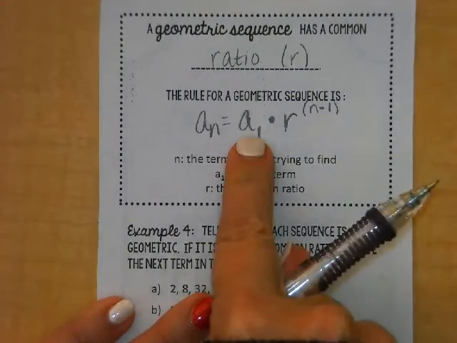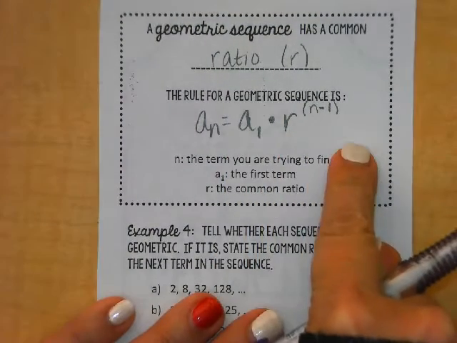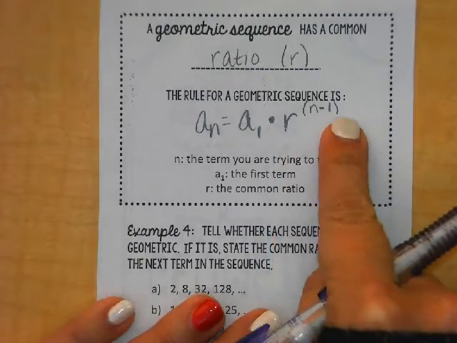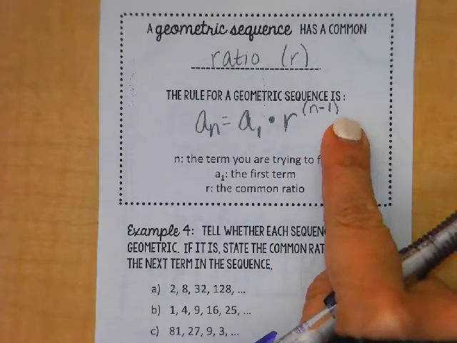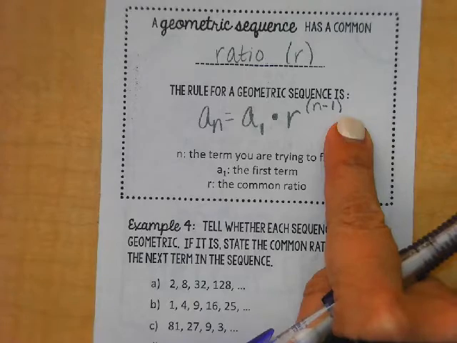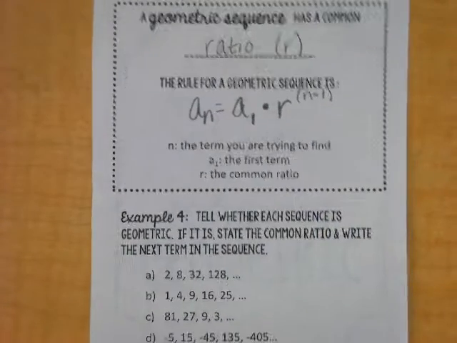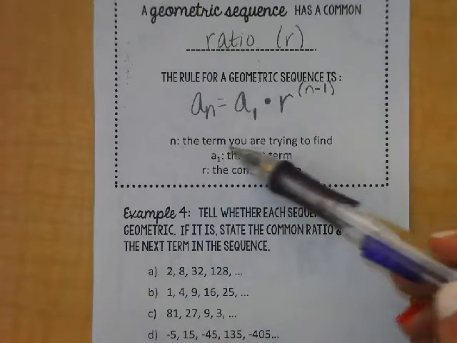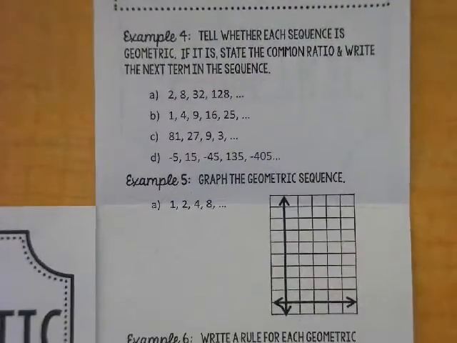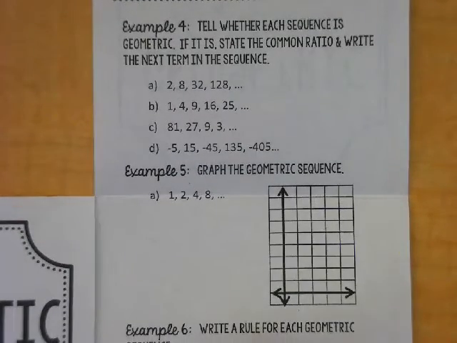Before we had a sub 1 plus d times n minus 1, now we have a sub 1 times R to the n minus 1 power, because this is not going to be linear. And this is going to lead us into our practice tomorrow. So again, n is the term we're finding, a sub 1 is our first term, and R is our common ratio.